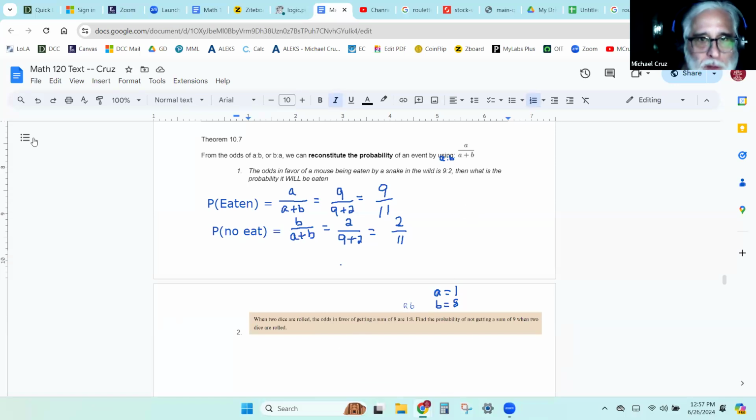So the probability of no sum of 9 is equal to B over A plus B, because it's the probability of not a sum of 9. So that's 8 over 1 plus 8, or 8/9.